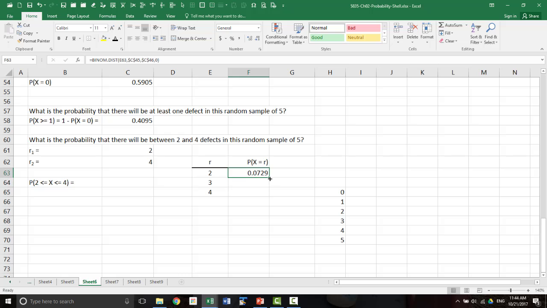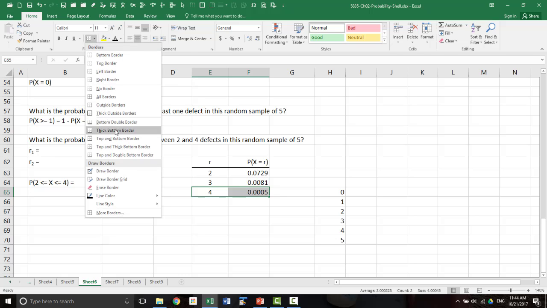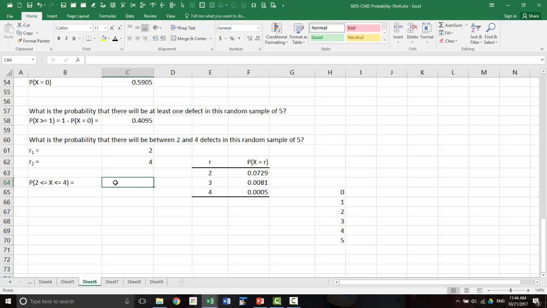Then we can do this. And the probability that we want is the sum of these three probabilities. So that's good.